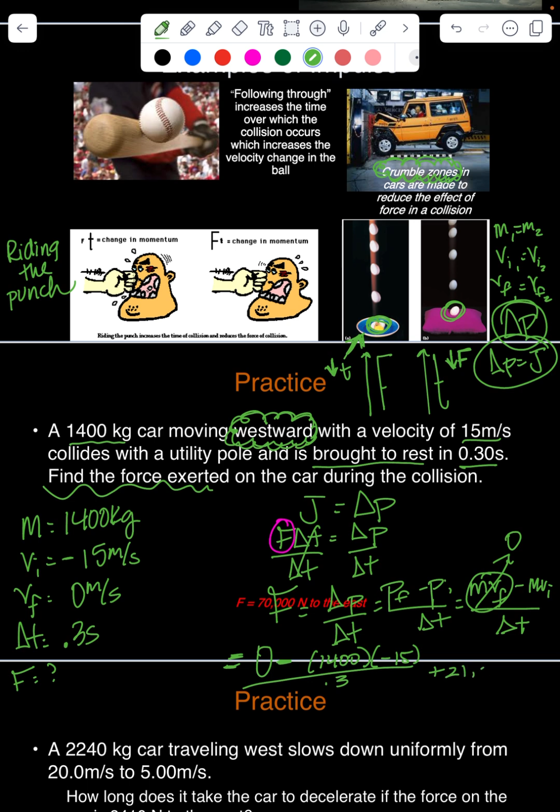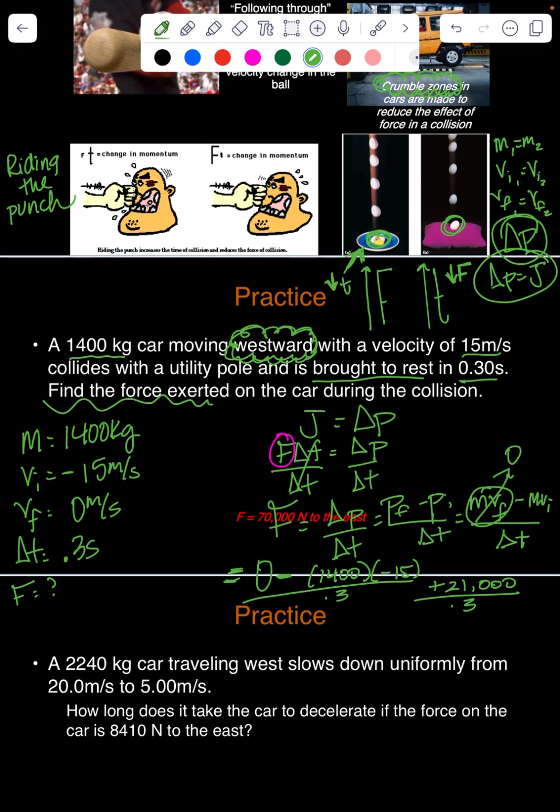It is a positive 21,000 divided by our time interval of 0.3 seconds. We divide 21,000 by 0.3. Our force is a plus 70,000 newtons.